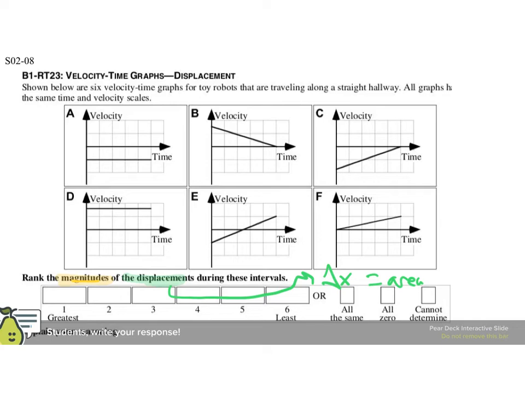So we look at each of these things and we say, well, graph A is below the axis and has 1, 2, 3, 4, 5 boxes. So that's an area of -5. And over here we have a triangle, and we can compute the area of this triangle, which will be positive. It's above the axis.